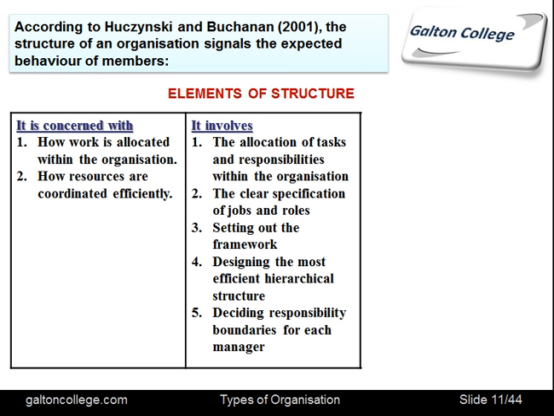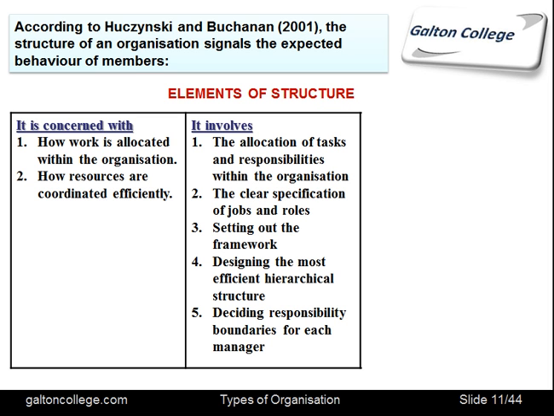The structure involves the allocation of tasks and responsibility within the organisation. So the structure must show how tasks and responsibilities are allocated. The clear specification of jobs and roles. Structure must show exactly who's doing what, what's required, who's allocated to it. Setting out the whole framework for production and operation.